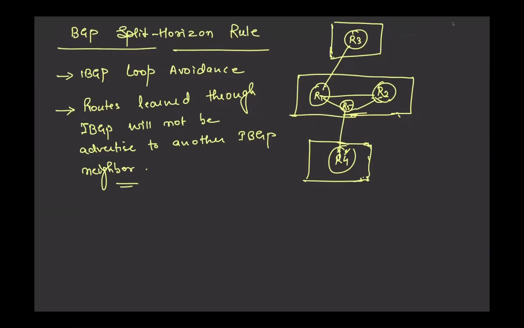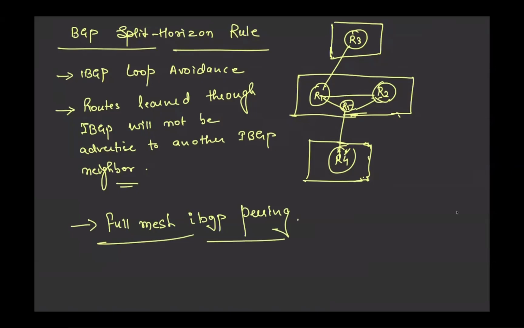So because of this, you need to have a full mesh iBGP peering. What does it mean? Whatever routers you have in your AS, you need to connect them all together with iBGP peering, right?